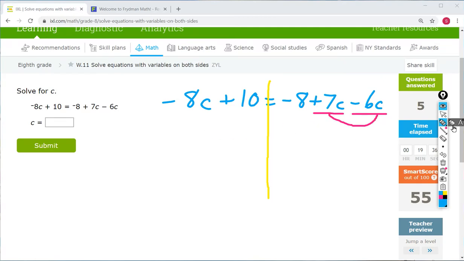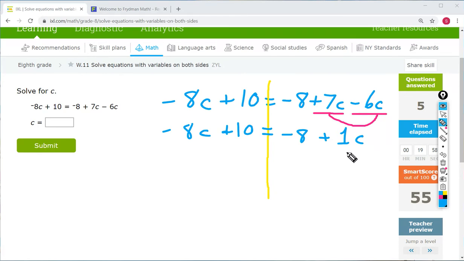So I'm going to rewrite everything else exactly the same way as it was before. Negative 8c plus 10 equals negative 8. And again, positive 7 minus 6 is positive 1. So I'll write plus 1c. All right.